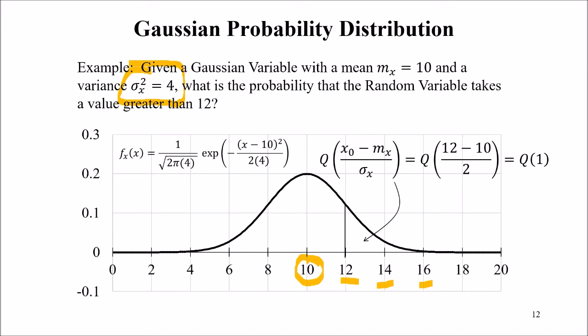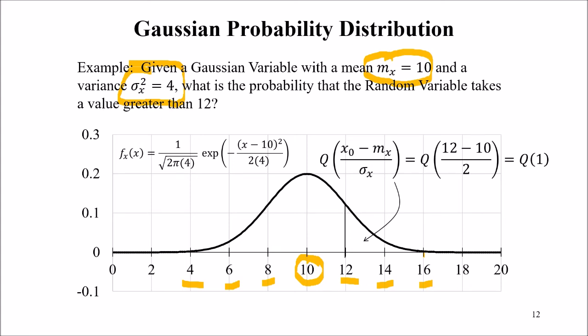Standard deviation is the square root of the variance, so it's equal to 2. So we go 10, 12, 14, 16. To the right of the mean, that's when the curve is essentially 0. And we go 3 standard deviations to the left of the mean. That's 8, 6, 4. That's when the bell-shaped curve is essentially 0 as well. So we can sketch this shape. So that's a Gaussian variable with a mean of 10 and a variance of 4.